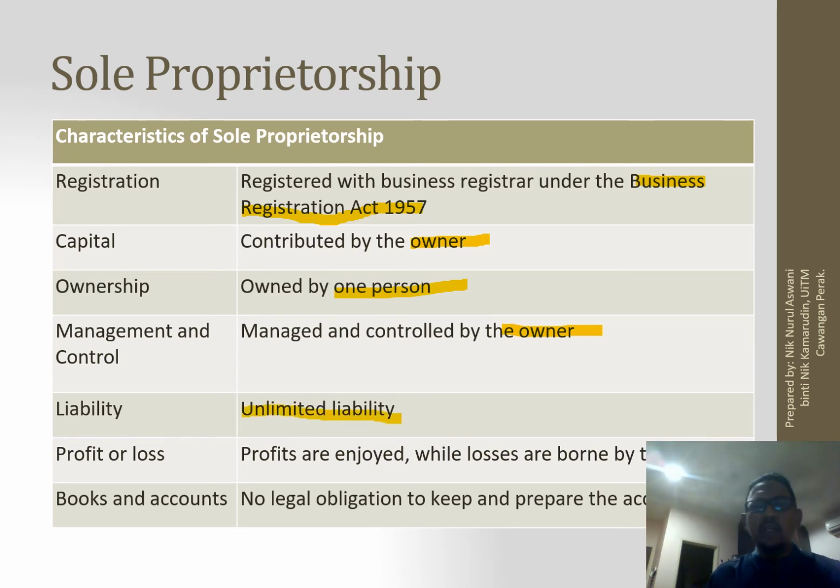Unlimited liability means that if the business is unable to pay its debt, creditors will get it from the owner. The assets of the owner will have to be used to pay the business debt. In terms of profit or loss, only one person shares it. All profit will be enjoyed by the owner.